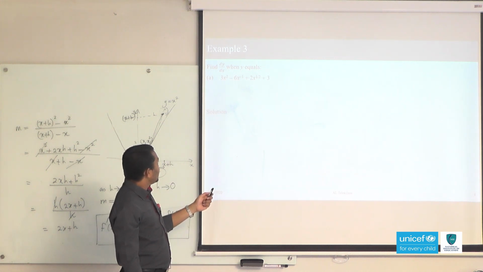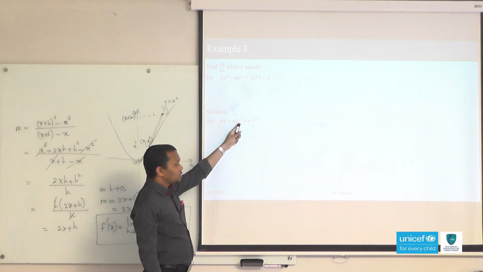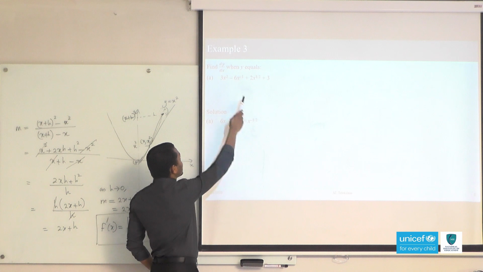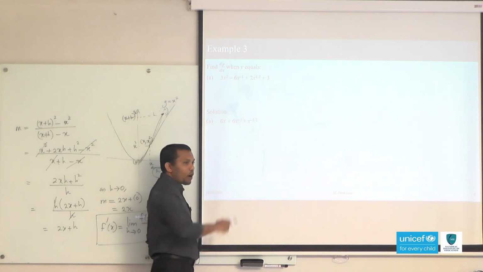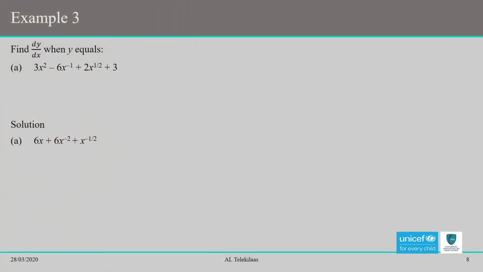If you differentiate this, what you get is 6x plus 6x to the power minus 2. Why do we get a plus? Because minus 6 multiplied by minus 1 gives you plus 6. X to the power minus 1 gives you minus 2. Similarly, for the third term, the power is plus half.